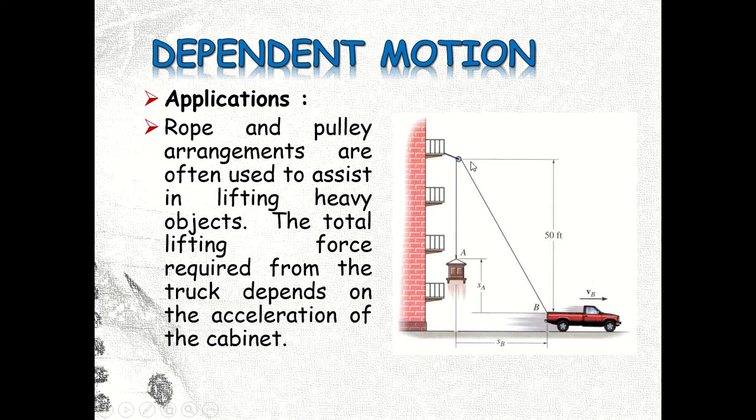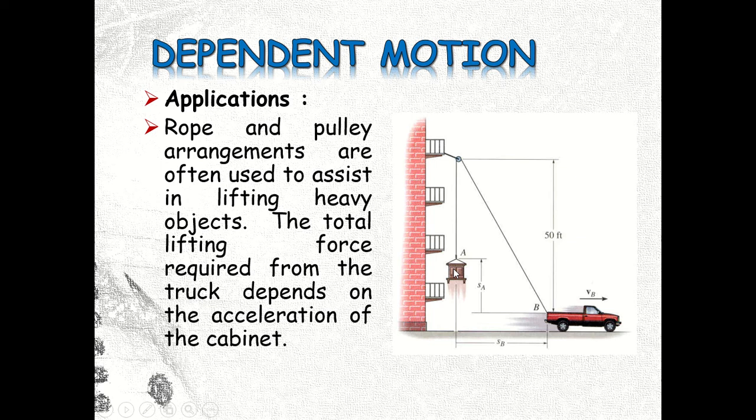Rope and pulley arrangements are often used to assist in lifting heavy objects, an object like this. So the total lifting force required from the truck depends on the acceleration of the object, which in this case is a cabinet.